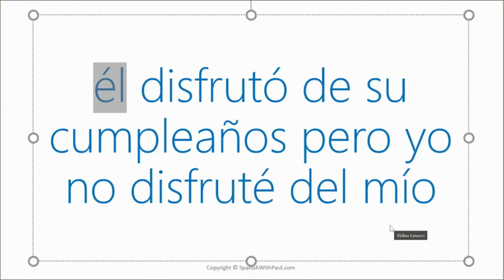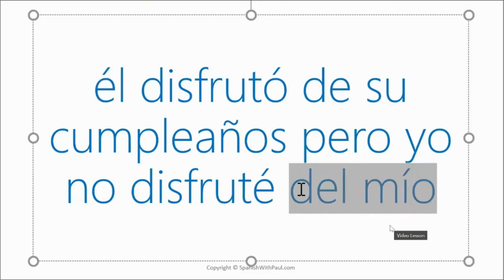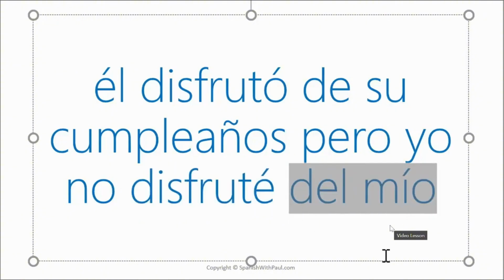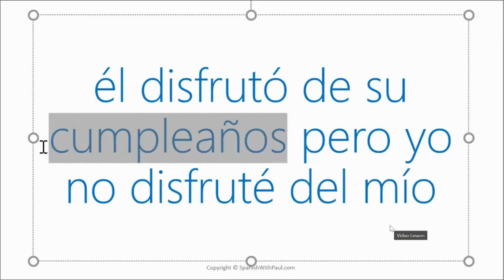He enjoyed his birthday, but I didn't enjoy mine. Here's the important bit here. Pero yo no disfruté del mío. Once again, you can see that the verb is married to the pronoun disfrutar de. And we have didn't enjoy mine gets contracted to del mío because we are referring to el cumpleaños.